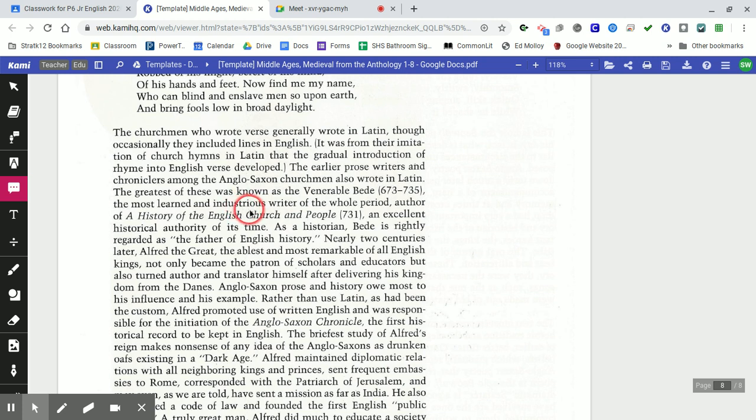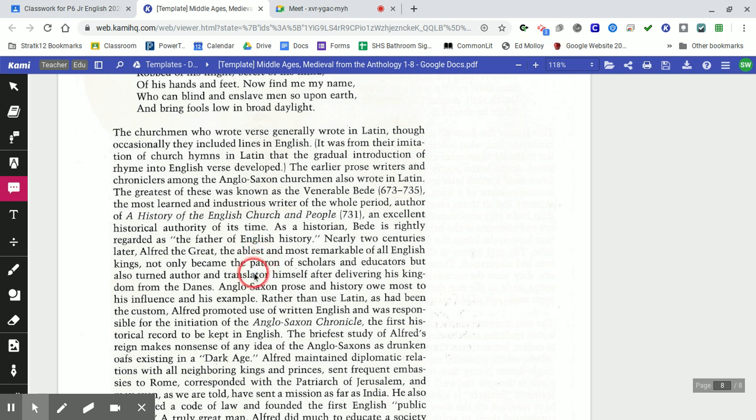The greatest of these was known as the Venerable Bede, 673 to 735, the most learned and industrious writer of the whole period, and the author of A History of the English Church and People, 731, an excellent historical authority of its time. As a historian, Bede is rightly regarded as the father of English history.